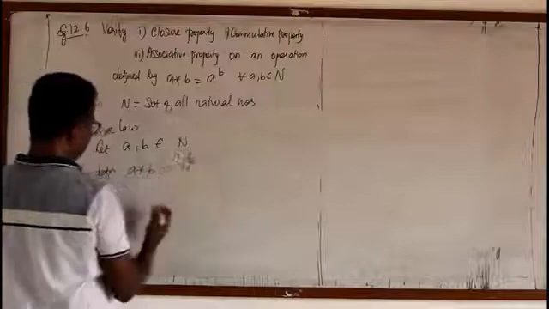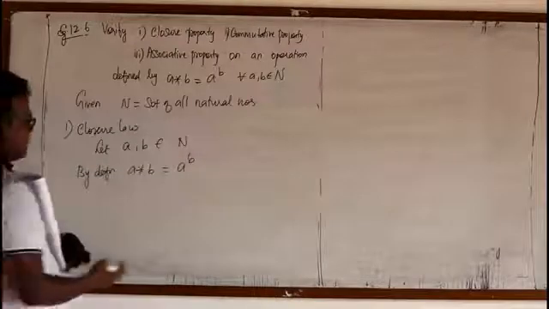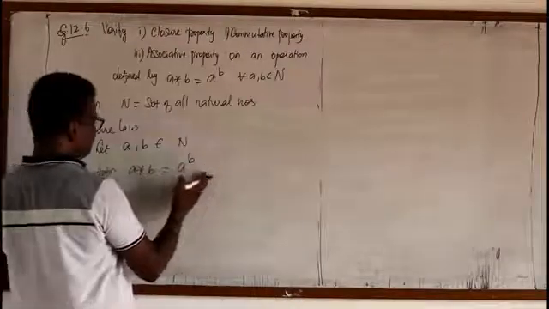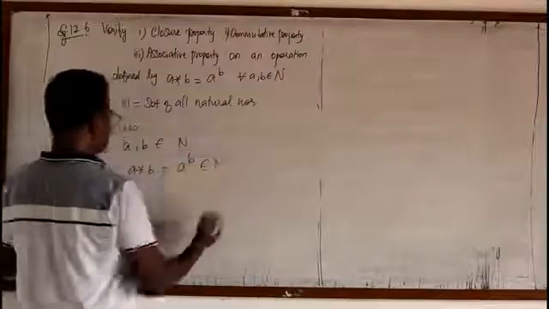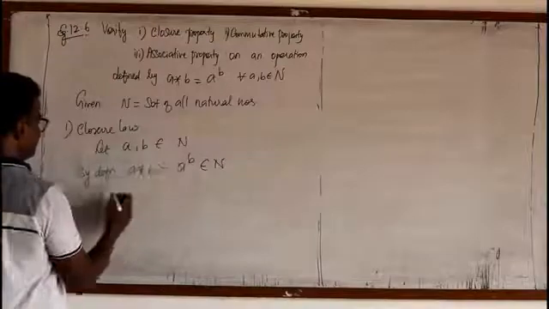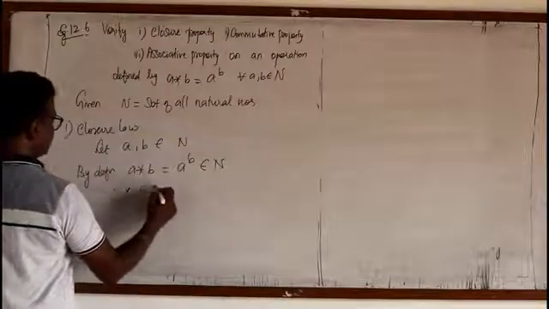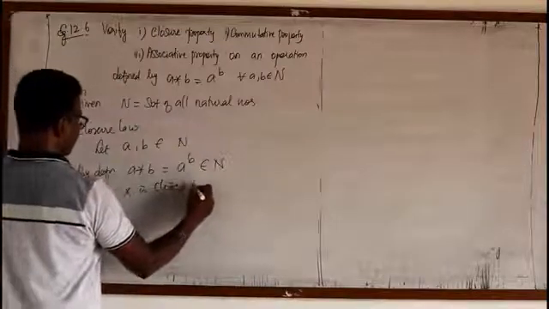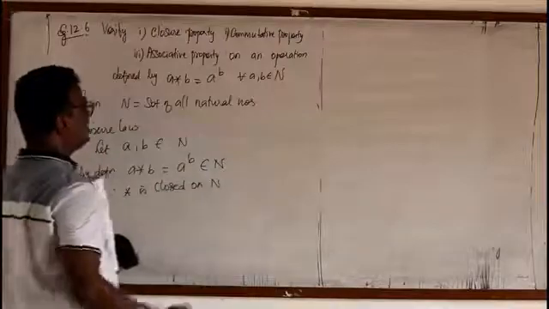A power B. Any number in exponential form will definitely be a natural number. Definitely this belongs to N. Therefore, star is well defined in N. Therefore, it is closed. Therefore, star is closed on set N.